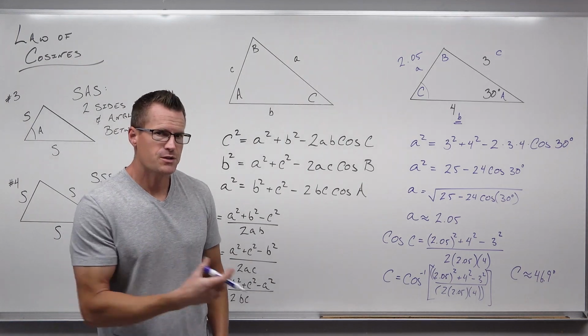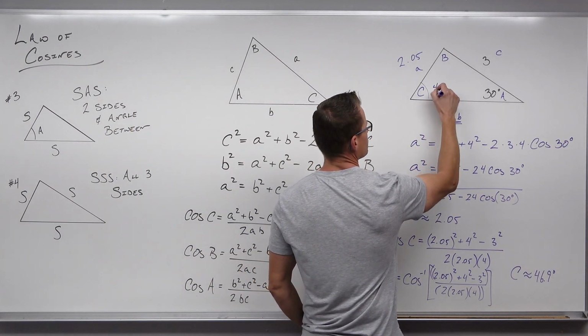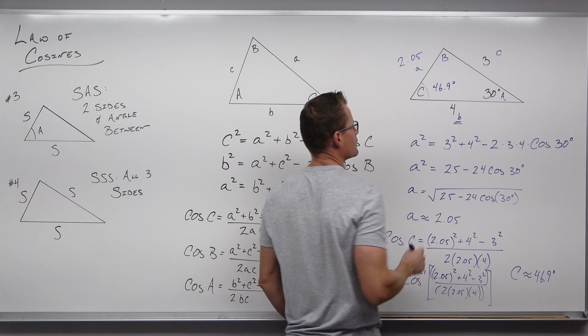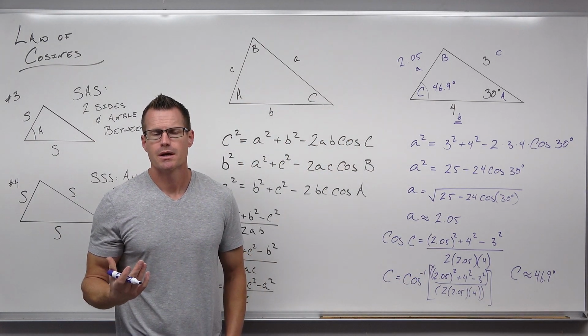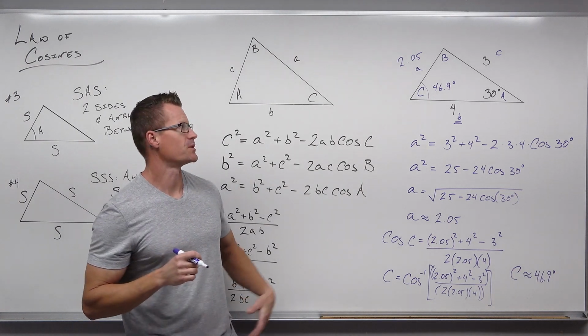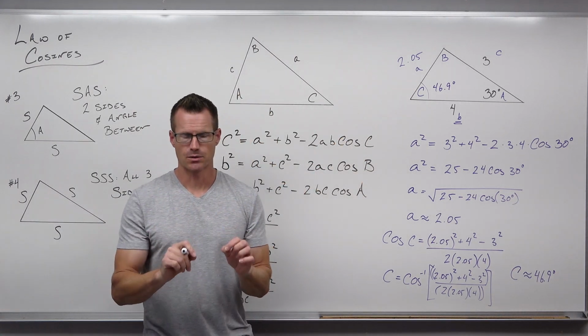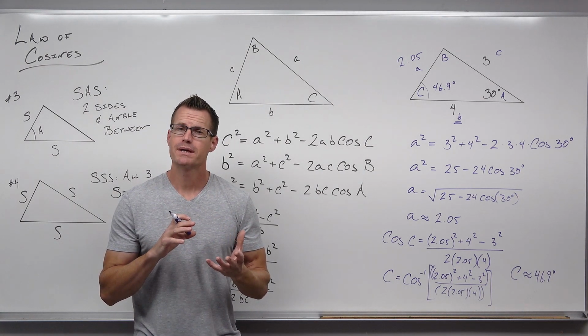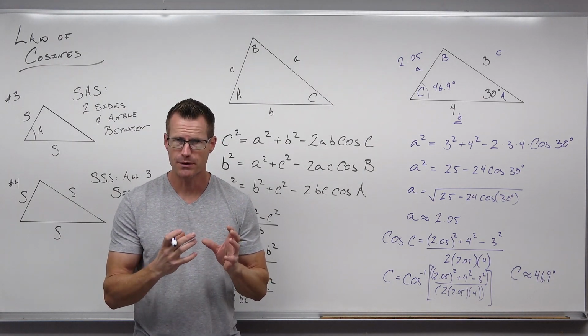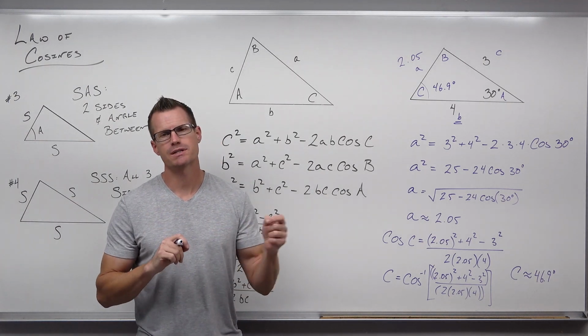Now, if that's 46.9 degrees, how do you do the rest of it? There's, again, 2 options. Could you use interior angle sum to figure out angle B? Absolutely. Yeah, that's totally fine. You can do that. Why? Well, because subtraction doesn't compound the error that you get if you round to the same number.